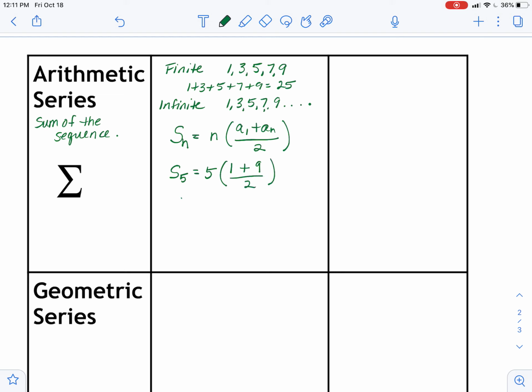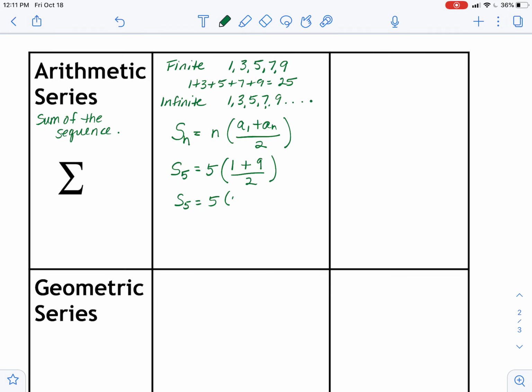So S5 would be 5 times, 9 plus 1 is 10, over 2 is 5, and so the sum of the first 5 would be 25. That is how you would find the sum of an arithmetic series.